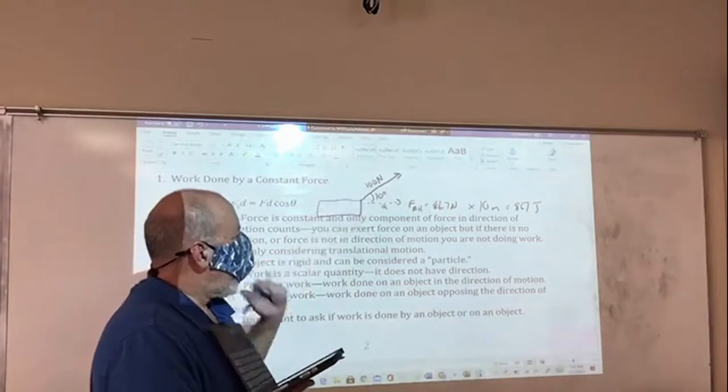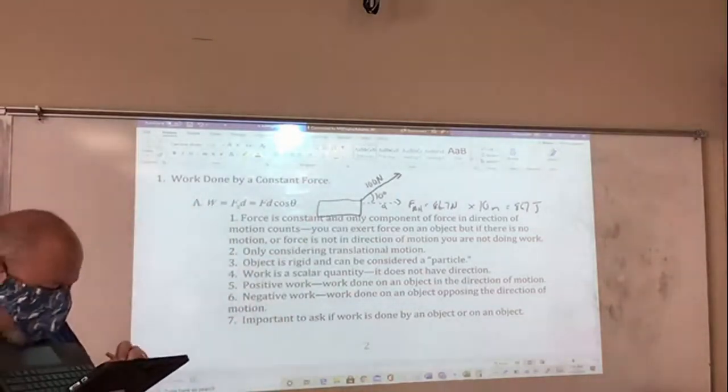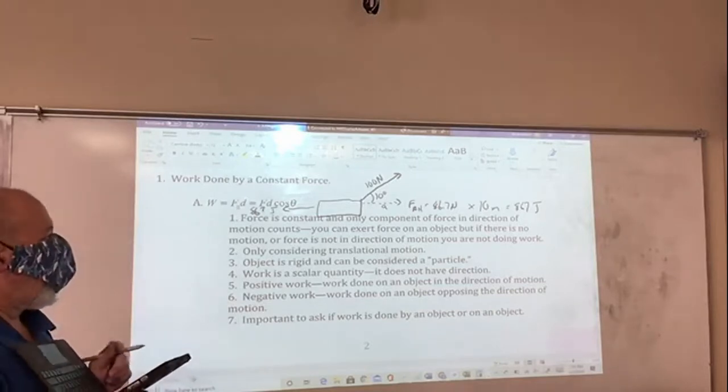While it's in a constant velocity, I know that the amount of work that friction is doing on it in the opposite direction is going to be 867 joules as well.